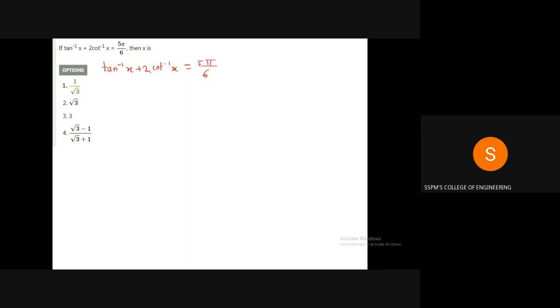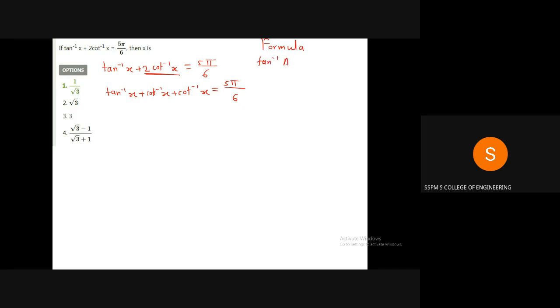We will split this term like this: tan inverse x plus cot inverse x plus cot inverse x is equal to 5 pi by 6.